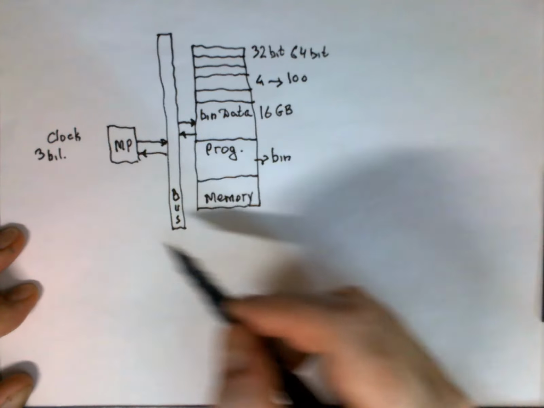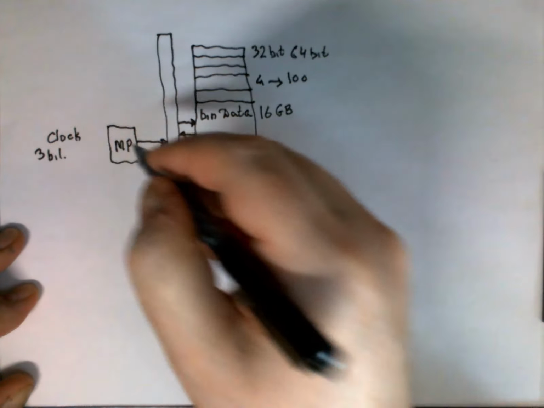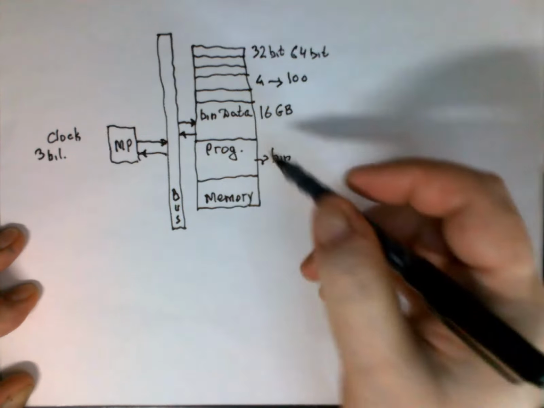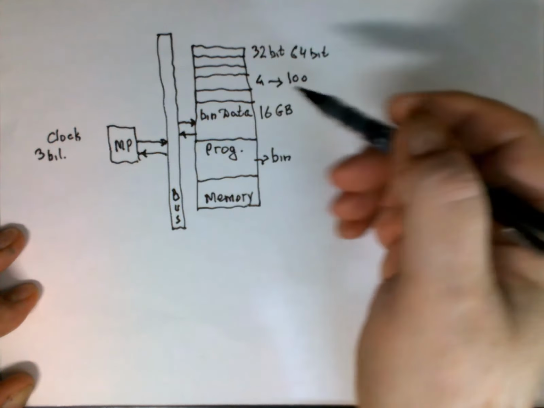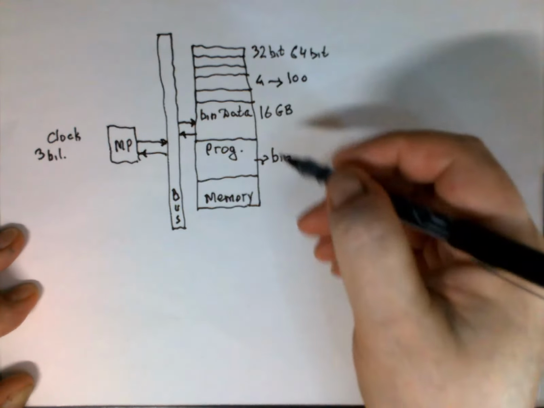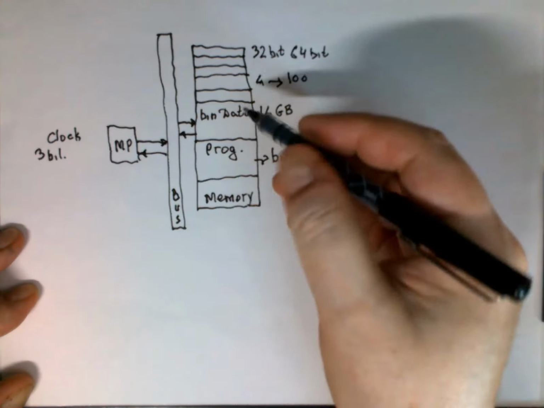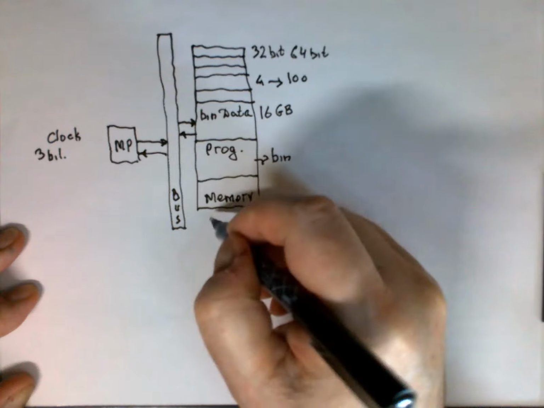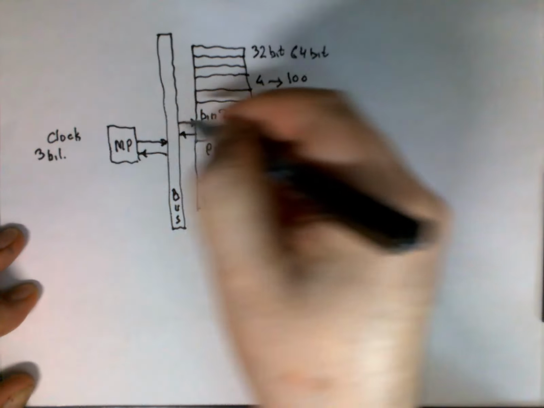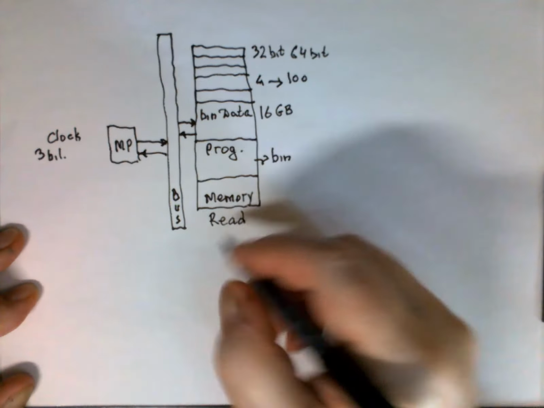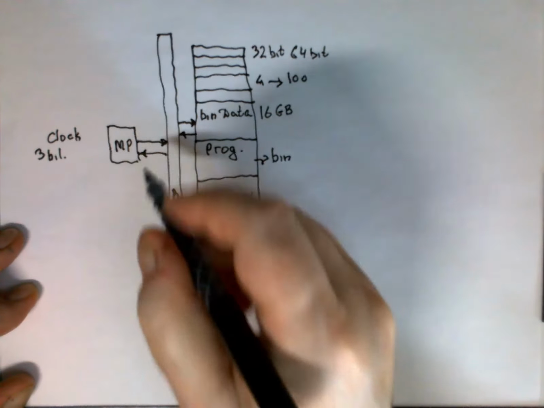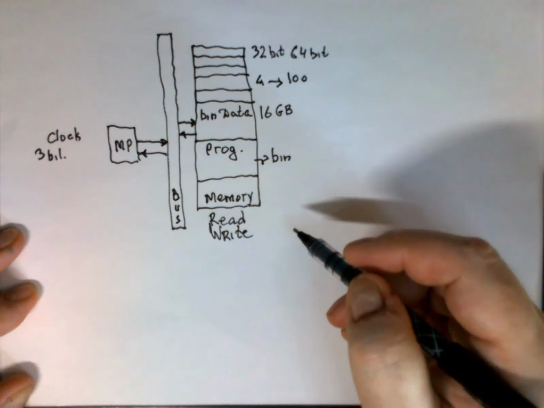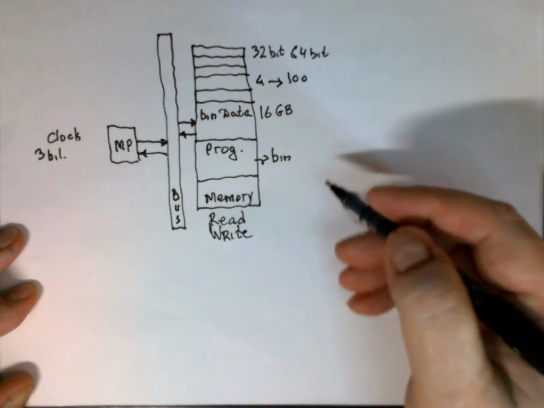Okay, memory can be used by the microprocessor randomly. So any cell could be called for reading, meaning bringing information from memory to the microprocessor. That is read: sending information from memory to the microprocessor. And write is when the microprocessor puts information for memorization into memory.